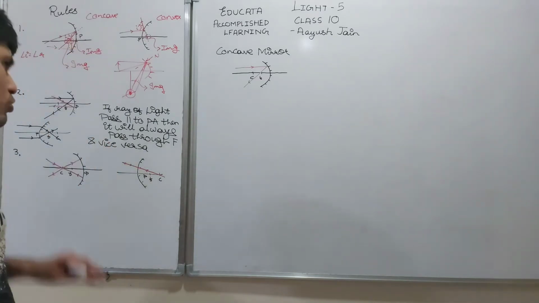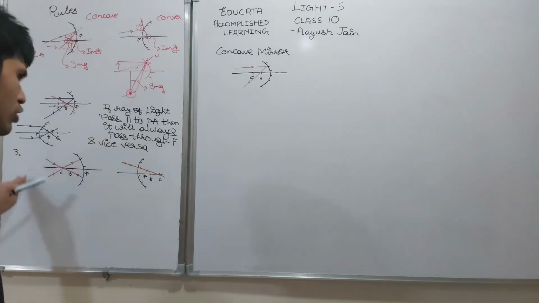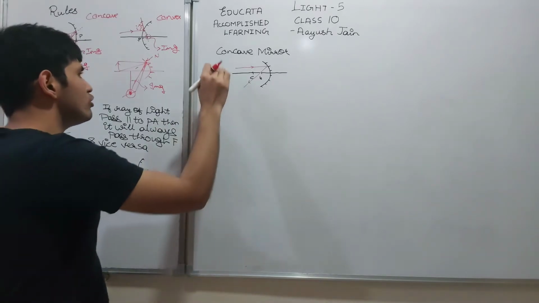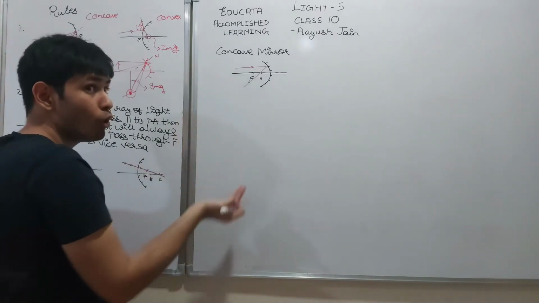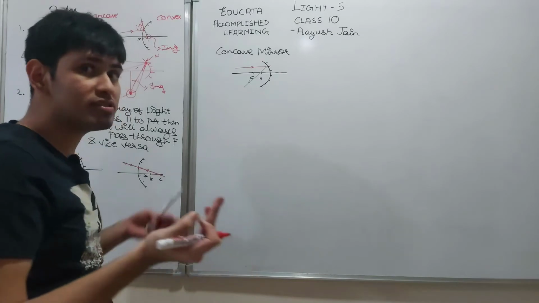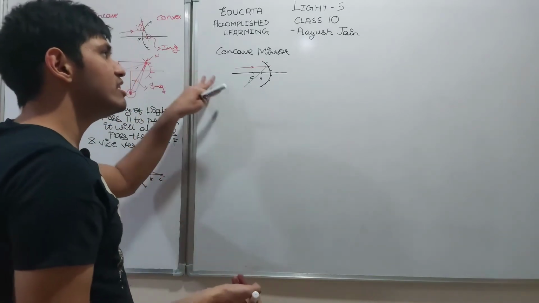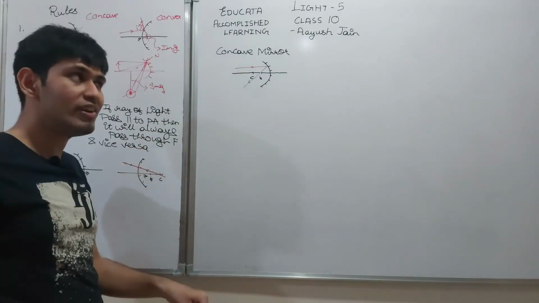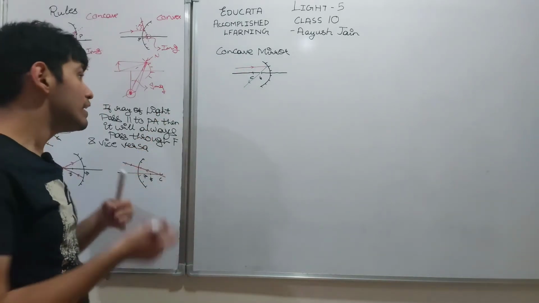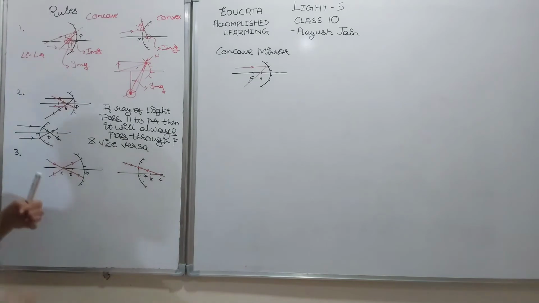Now can we use the third rule? Do we know where the object is present? No, we don't know. So how can we pass it through the center of curvature? It is not possible. So what should we do? Can we use the inverse of the second rule?